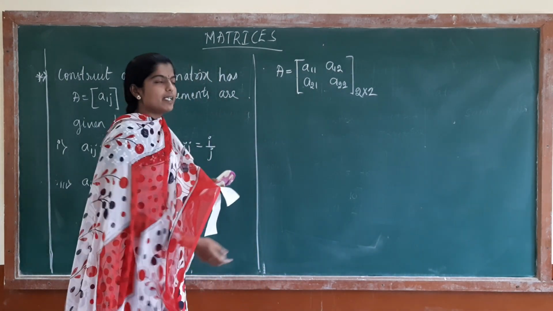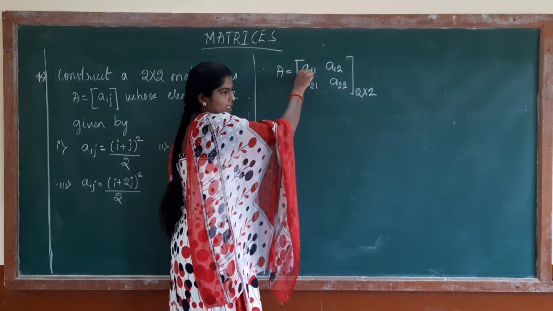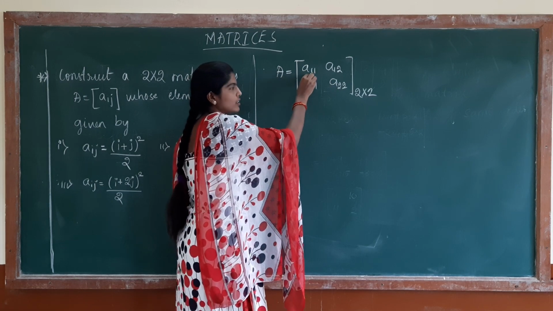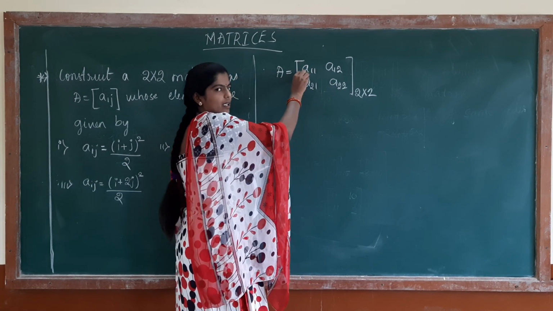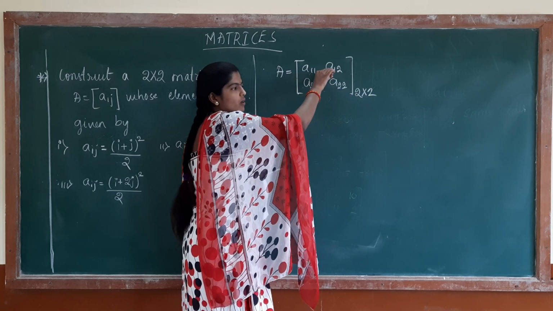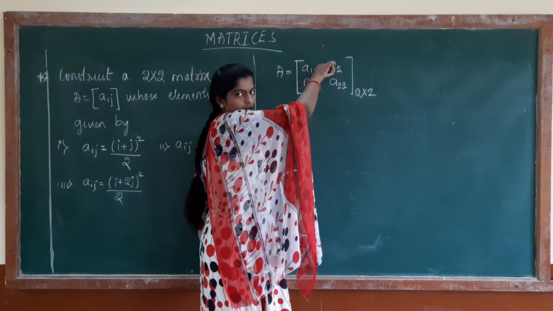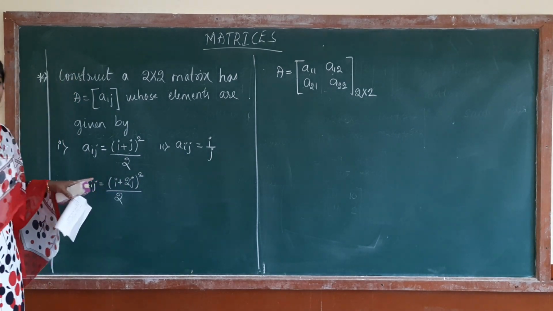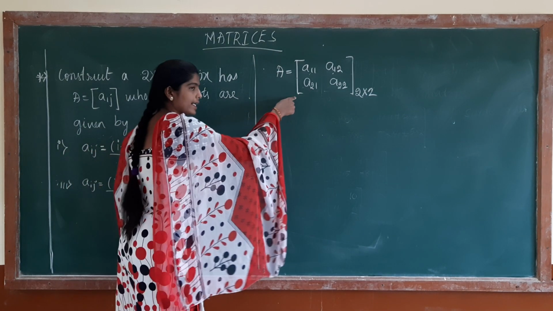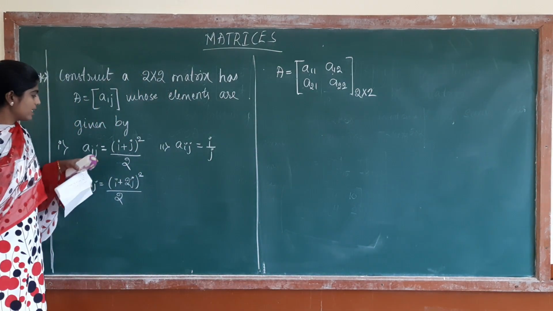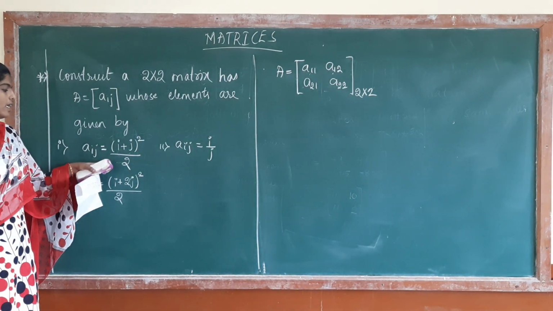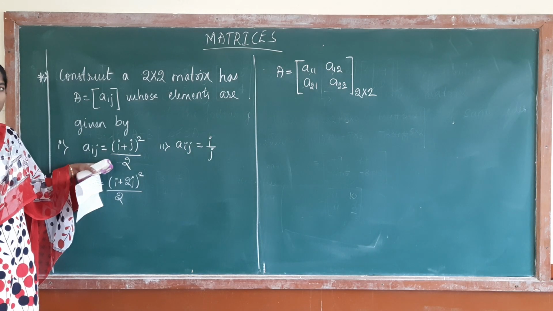So the first element represents A11. It is the position of the first row, first column, the element A11. First row, second column, the element A12. So we have to construct this type of matrix with the given condition, that is Aij equal to I plus j whole square divided by 2.